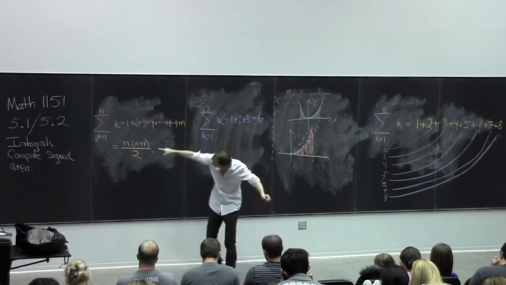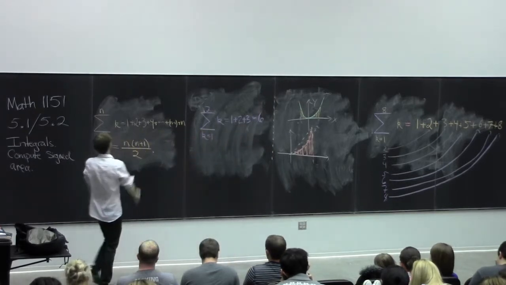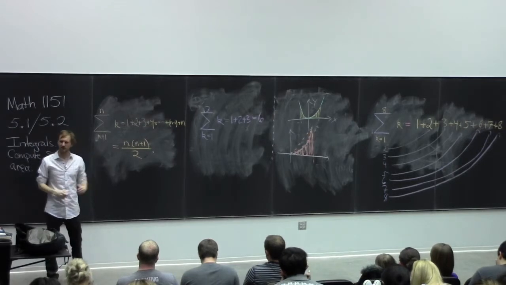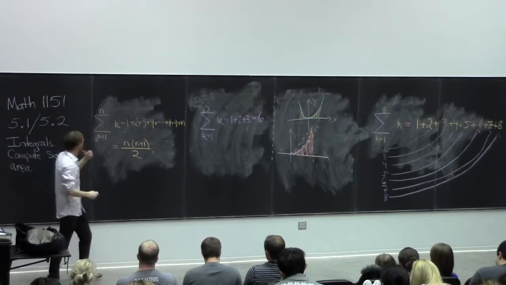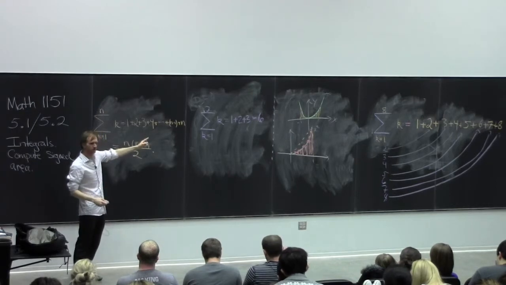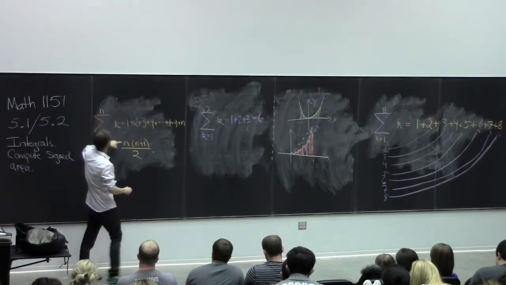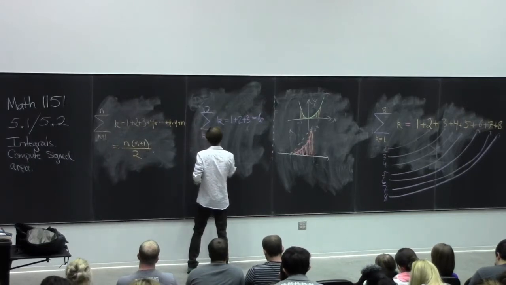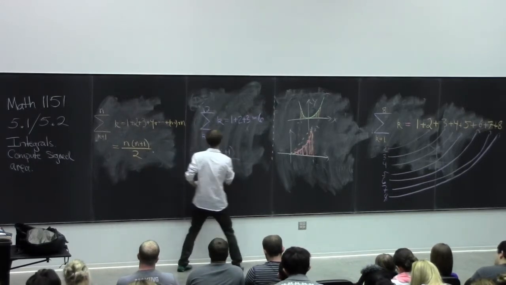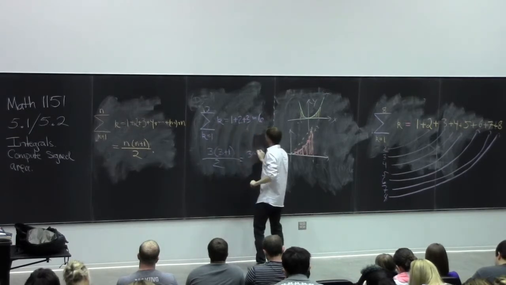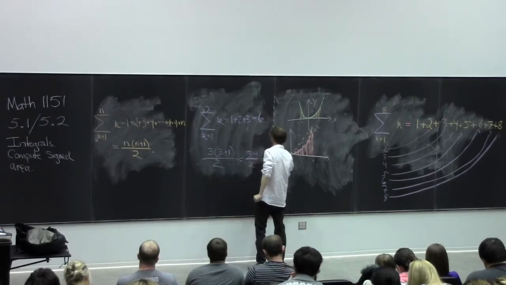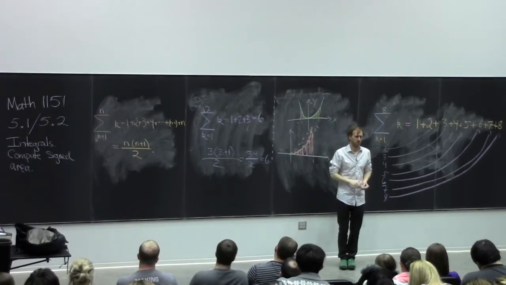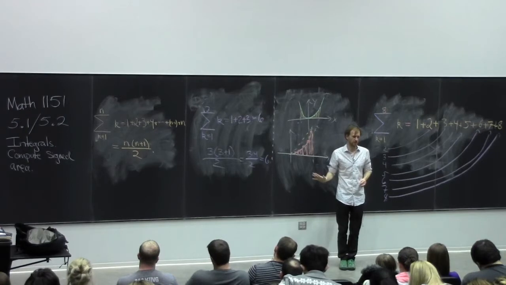Now I say it's also equal to that formula right there. Let's see. What's n equal to here? N is equal to 3, so it's 3 times 3 plus 1 over 2. That's 3 times 4 over 2. That's equal to 6. It looks good. What do you guys think? Is it okay?